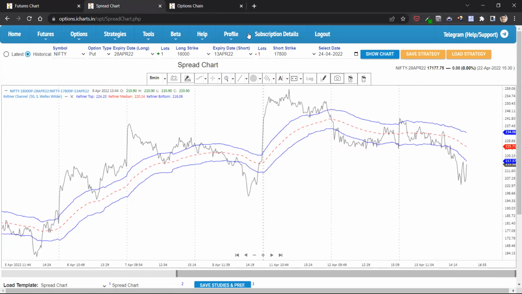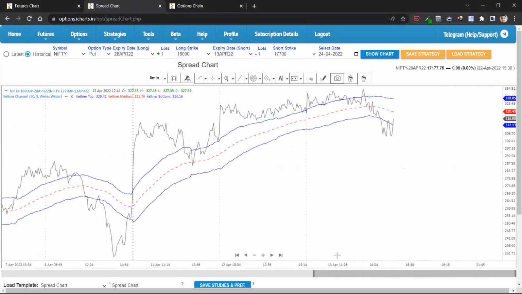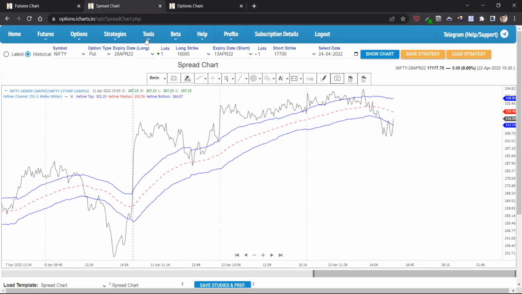We have gone down again, 17.7. That's it. After that, there's no further adjustment. After this, no further adjustments here. You just exit the trade over here.